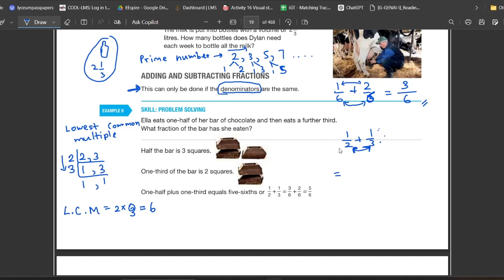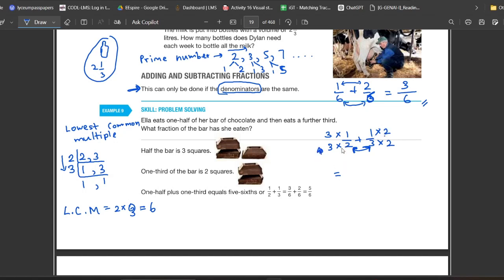So what we can do is multiply 2 by 3. If we multiply the denominator by 3, we have to do the same to the numerator also. Now this one will become 6. So we can multiply 3 by 2 to make this 6. If we do that to the denominator, we have to do the same to the numerator also.